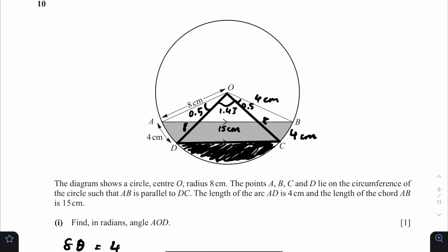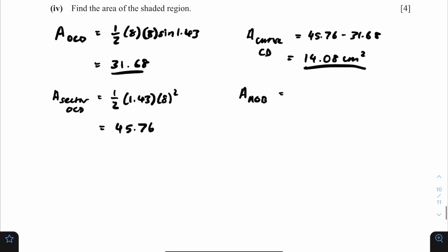Sorry, this is not 4, this is 8, my mistake. So sine of 2.43 times half times 8 times 8 will give us the area of that triangle, which is equal to 32 sine 2.43.